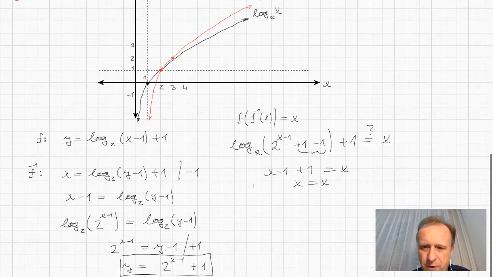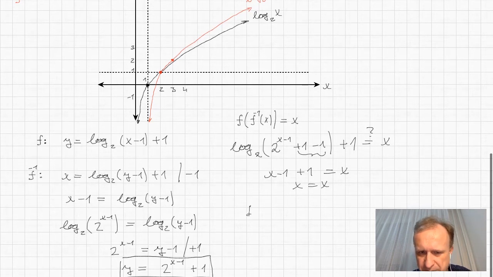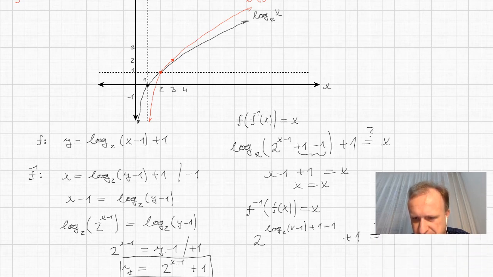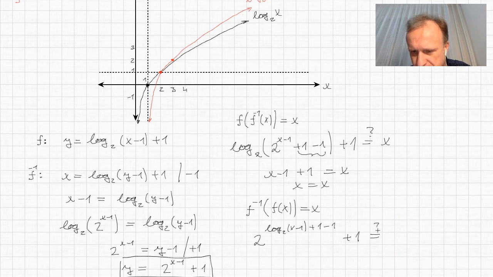Okay. Also, what should be true is the following. f inverse of f of x should also be identical to x. So f inverse is 2 to the power of, so this function here, and instead of x I will write logarithm in base 2 of x minus 1 plus 1. Now I have to take away 1 and add 1, and I ask, is it equal to x?